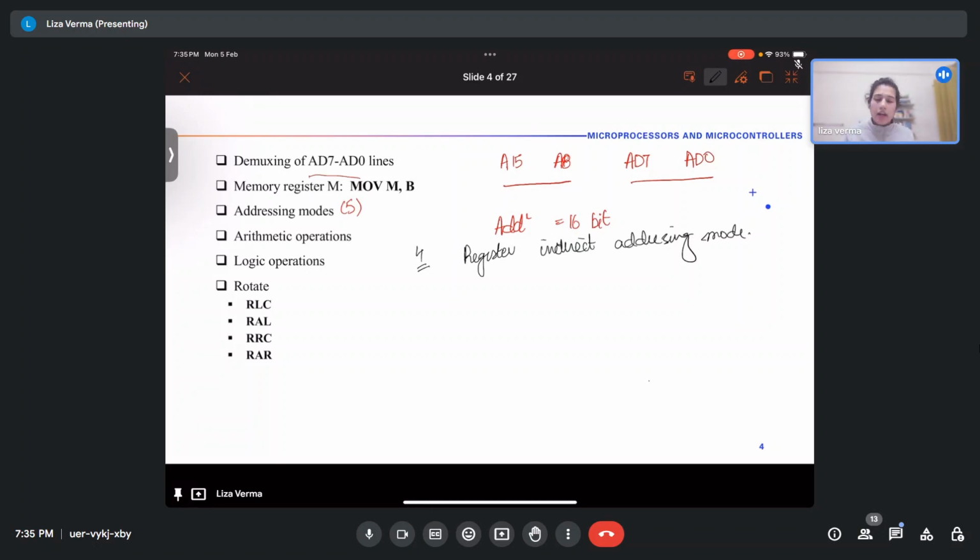It is similar to the direct addressing mode, but in direct addressing mode, what were you doing? You said LDA 2050H; you were giving the address of the location yourself. In register indirect addressing mode, what do you do? For example, like this: MOV M, B.